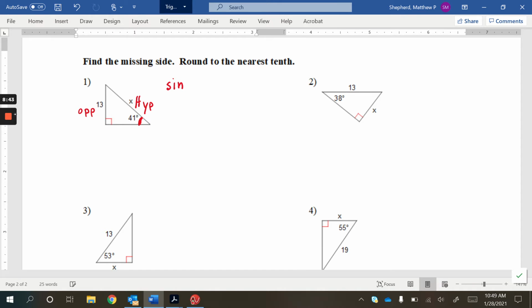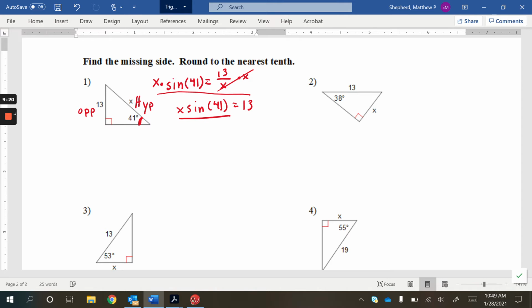Let's set this up. The sine of 41 degrees should be equal to the opposite over the hypotenuse, 13 over x. Now we just need to solve for x. I don't like that x is in a denominator, so I'm going to work with that first. Now I've got x times sine of 41 is equal to 13.